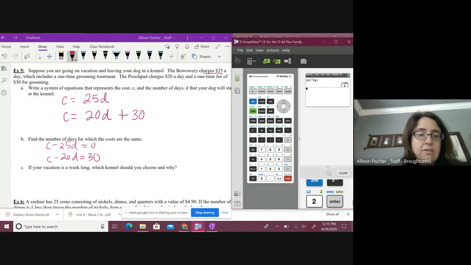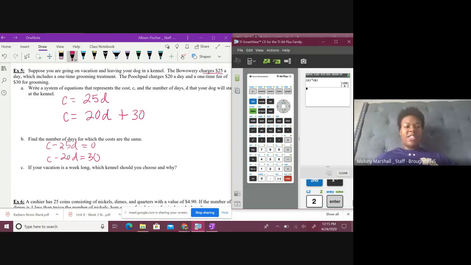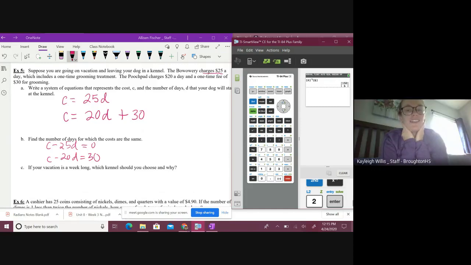Now the issue here is that you have to make sure you know which number represents which variable. Do either of you, Miss Willis or Miss Marshall, know which one is the 150 and which one is the 6? I think 150 is the cost because it's the one on top, and 150 is more of a cost just because of how big it is.